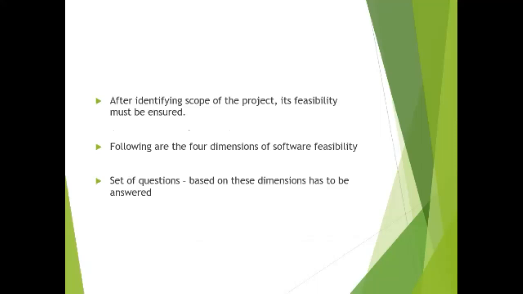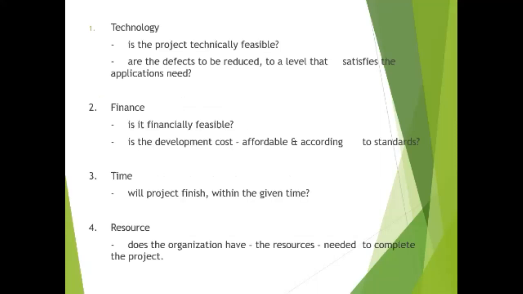After identifying the scope of the project, its feasibility must be ensured following the four dimensions of software feasibility. A set of questions based on these dimensions has to be answered. First, technology: is the project technically feasible? Can the defects be reduced to a level that satisfies the application need?